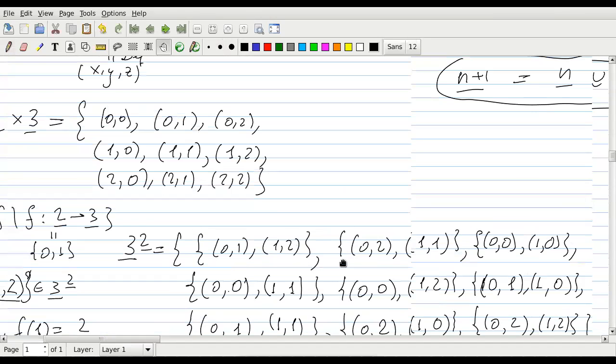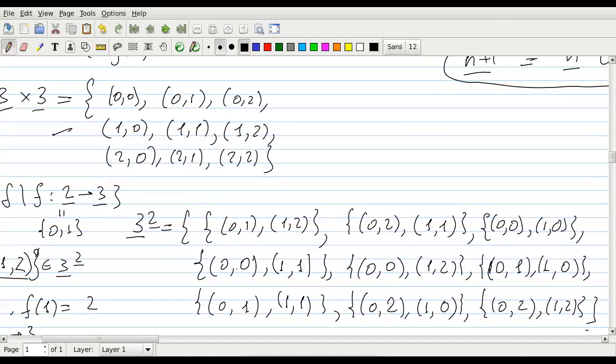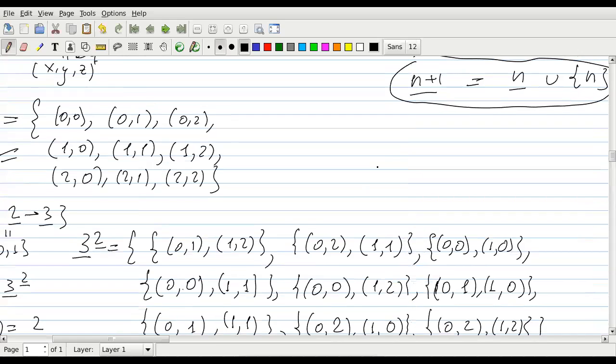But is there any obvious connection between these functions and our pairs? By the way, do you remember what this symbol means? A is equivalent to B. What does it mean? There exists a bijection. Aha!